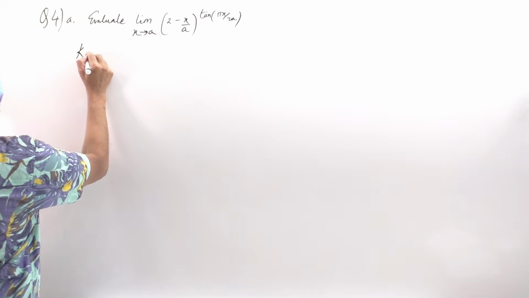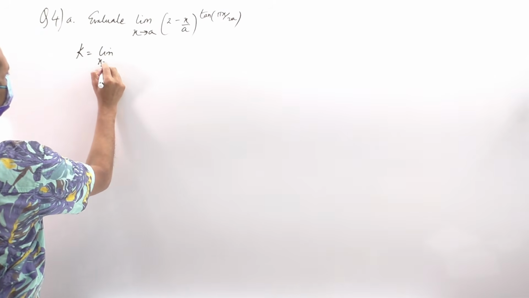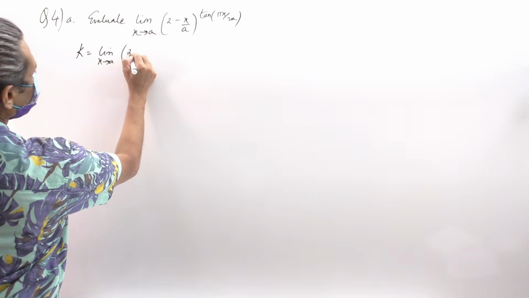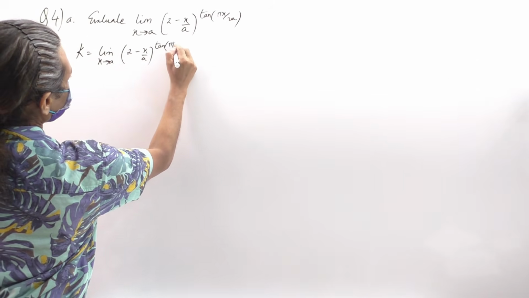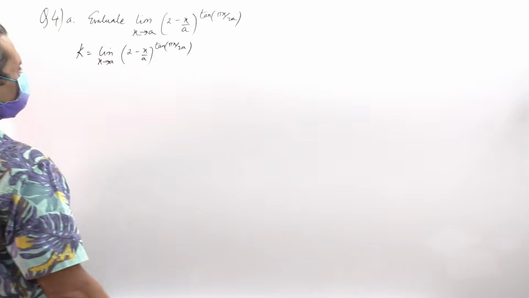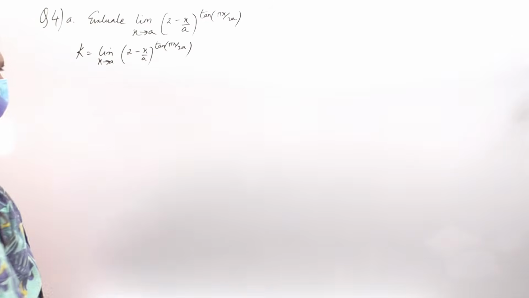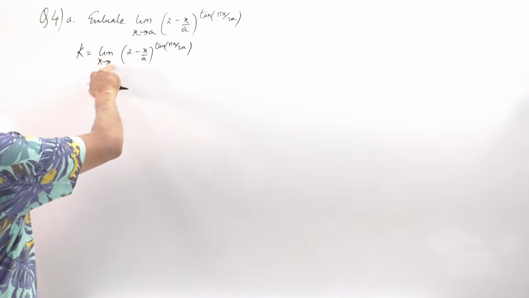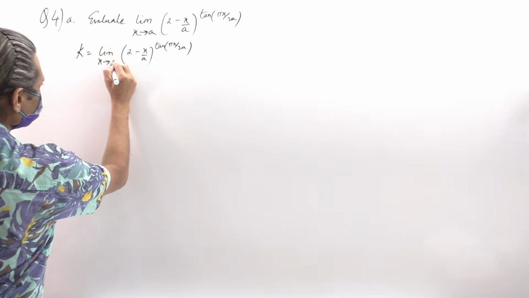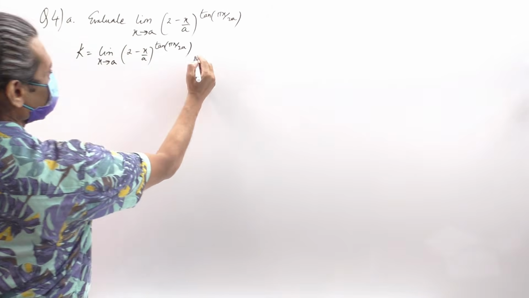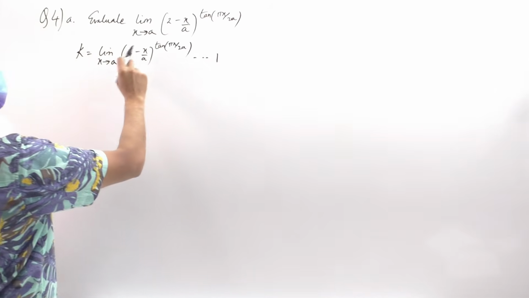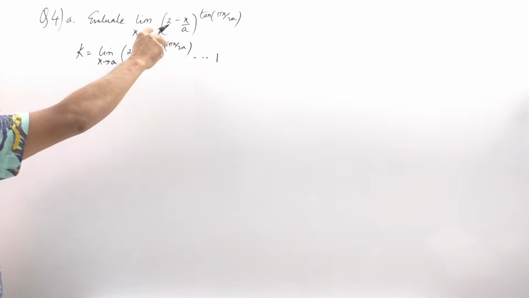So first we'll assign k is equal to limit as x tending to a of (2 minus x by a) whole raised to tan of pi x by 2a. So what is the L'Hopital's rule? The given value is x tends to a. You put the value of a here, so it will be 1 raised to tan pi by 2.